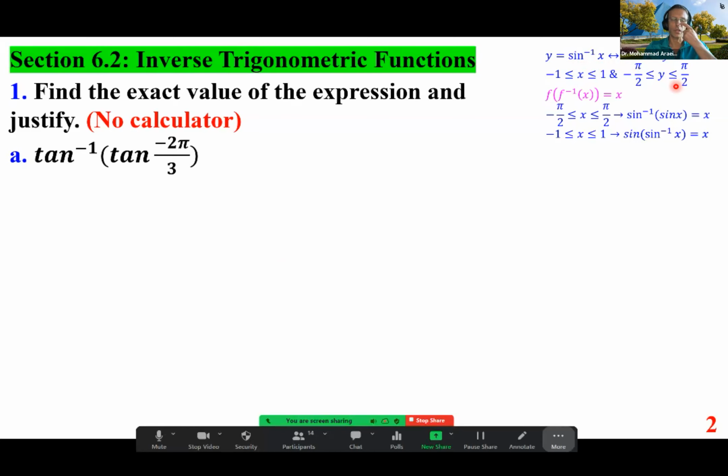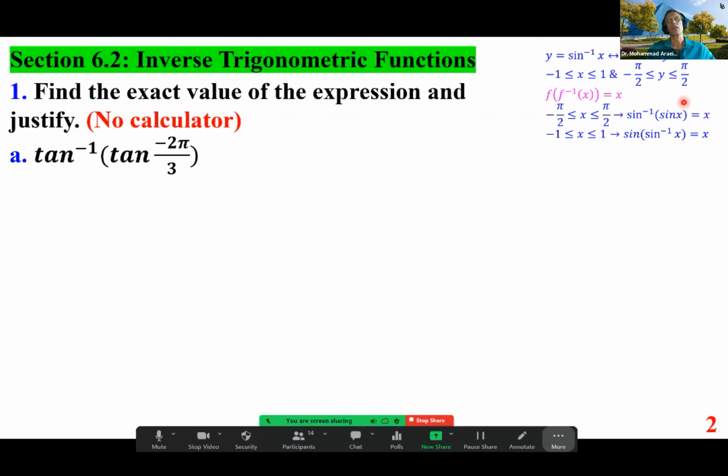This is the restriction we gave to the domain of sine to make it a one-to-one function. And it's the same thing for tangent. Of course, it doesn't include the endpoints. And so when x is between negative pi over 2 and pi over 2, sine inverse of sine of x is x. When x is between -1 and 1, sine of sine inverse of x is x.